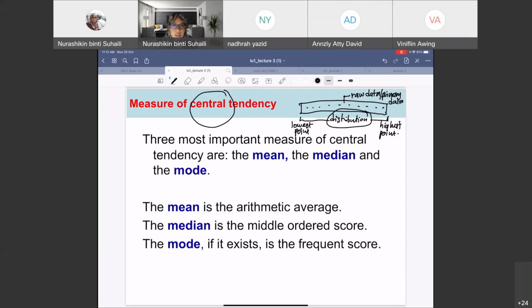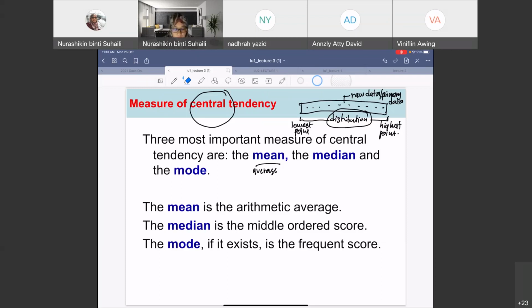Central tendency is how the whole distribution looks like in the center, something like how it looks in general. What is the average trend? When we talk about average, mean, it has to do with the middle point of the whole distribution.